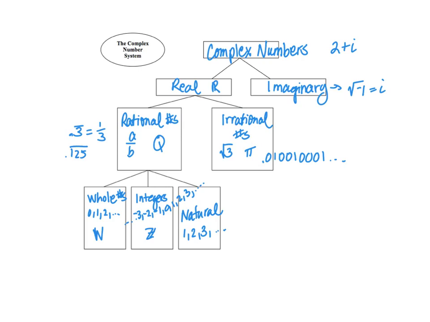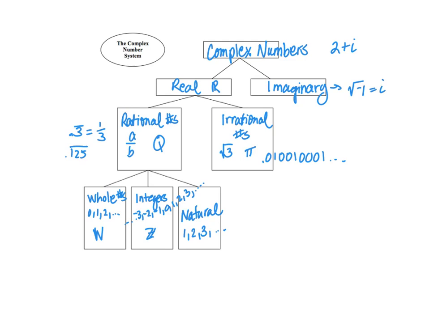So whole numbers include natural numbers, except they have a 0 in that set. And I remember whole numbers have the 0 because 0 is a whole. And then everything else I just have to remember somehow, some way.